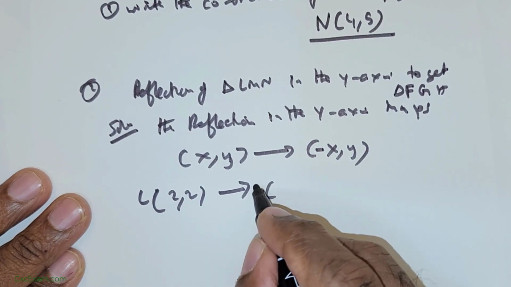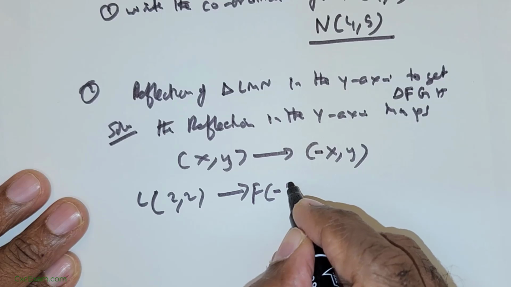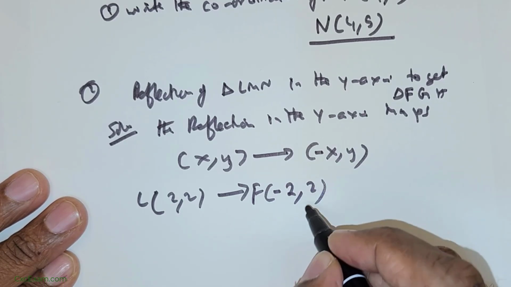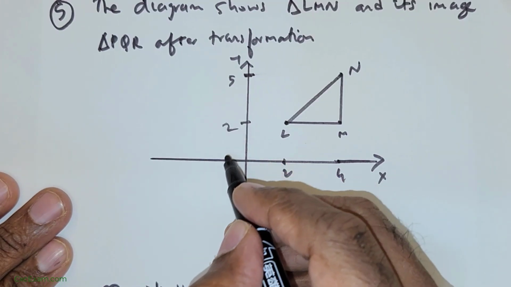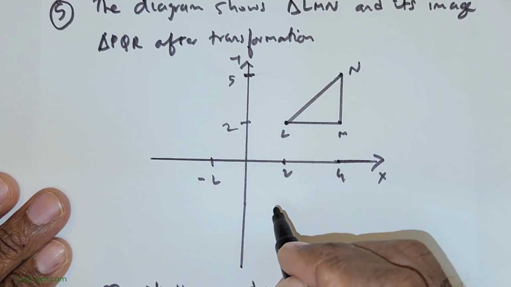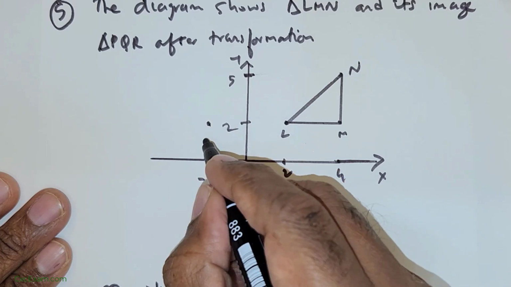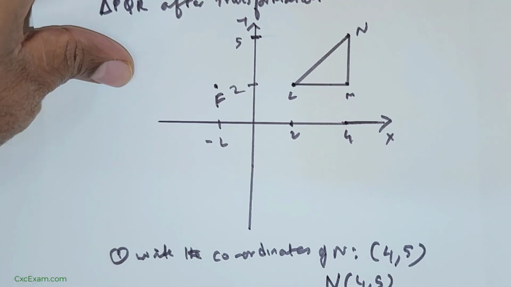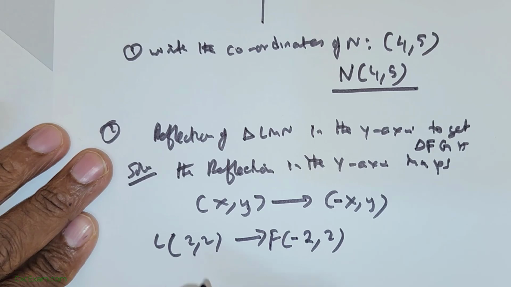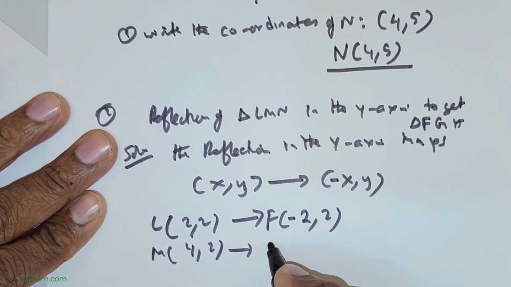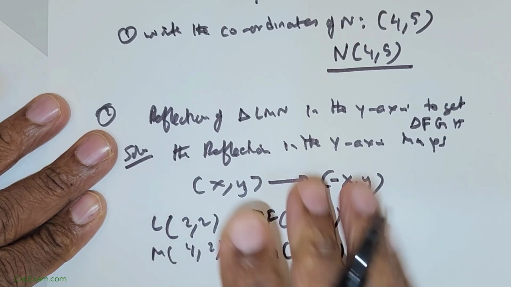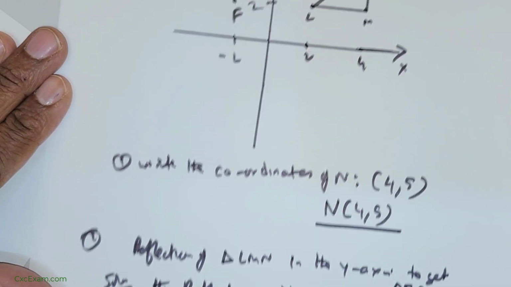So L is mapped onto F of negative 2, 2, right? So from here, this is negative 2. So this point is going to be my F. And the M of 4, 2 is mapped onto G of minus 4, 2. Right.